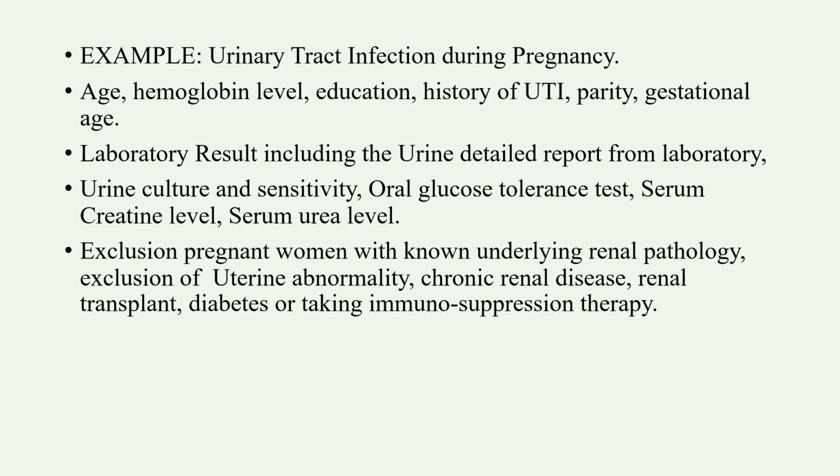Laboratory results may include urine detailed report, urine culture and sensitivity, oral glucose tolerance test, serum creatinine level, and serum urea level. Exclusion criteria may include pregnant women with a known underlying renal pathology, uterine abnormality, chronic renal disease, renal transplant, diabetes, or taking immunosuppression therapy.